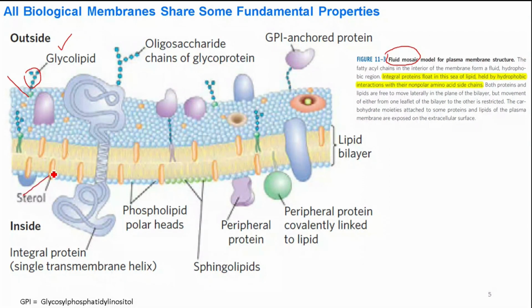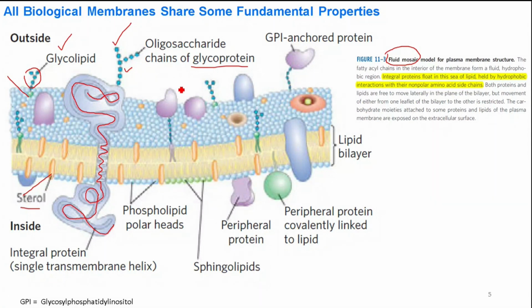We can see different sterols here. And one of the transmembrane proteins has been shown here, spanning through the membrane. It also has some oligosaccharides attached to it, making it a glycoprotein, because a carbohydrate component is attached to this protein.